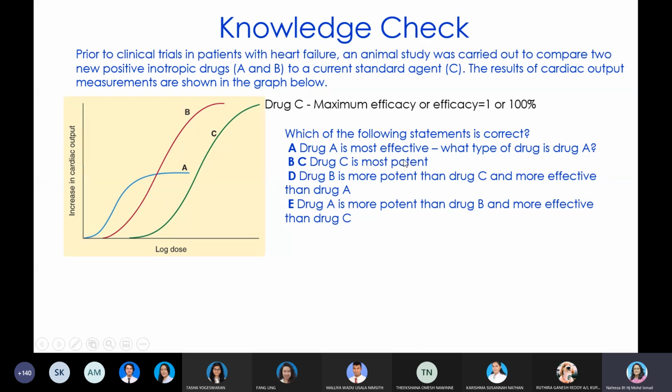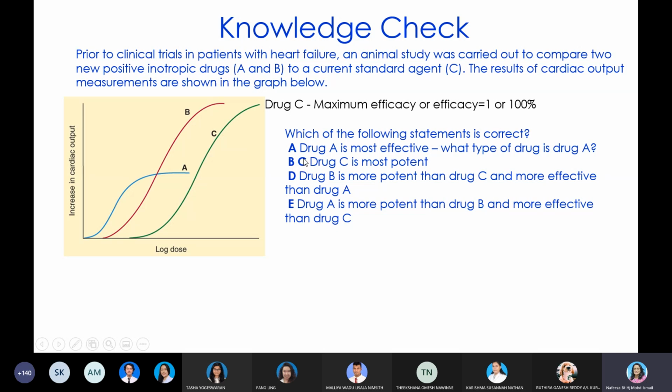Drug C is most potent. Drug C and B, which one requires a lower dose? B is more potent. Exactly. So this statement is wrong.